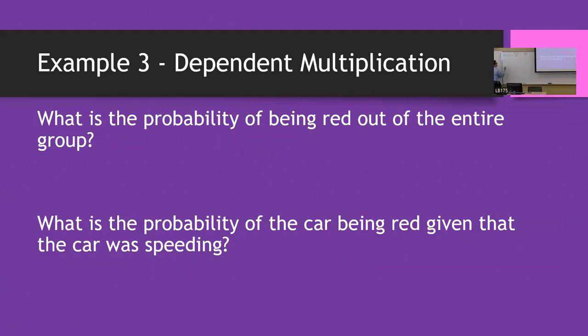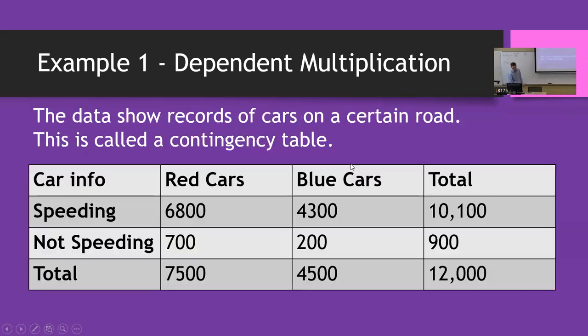Let's start out by saying, what is the probability that you pick a red car out of the entire group if you pick a car at random? So I pick a car at random. What's the probability of the car being red if I'm picking out of the entire group?